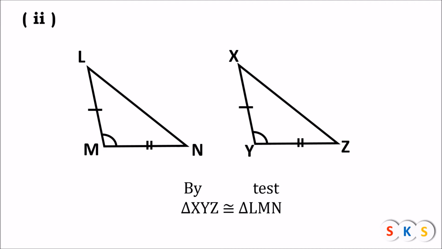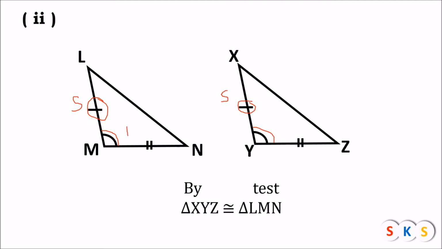Let's see question number 2. Here we have two triangles, and you can see that some identical marks are shown in this figure. You can see here side LM and side XY got the same kind of mark. Therefore side LM is congruent to side XY. And here angle LMN and angle XYZ got the same kind of mark.